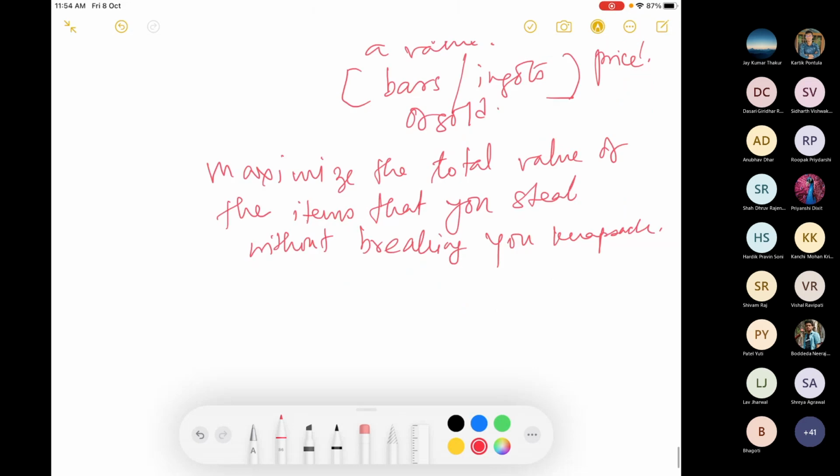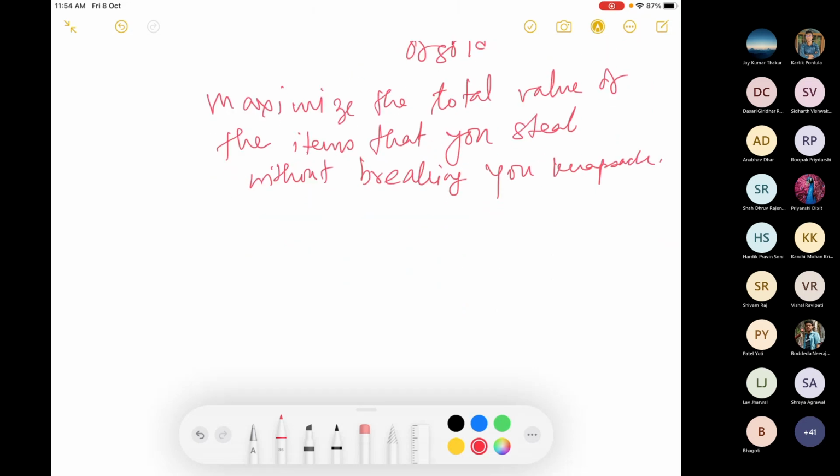So if we try to formalize this problem, it turns out to be something like this.